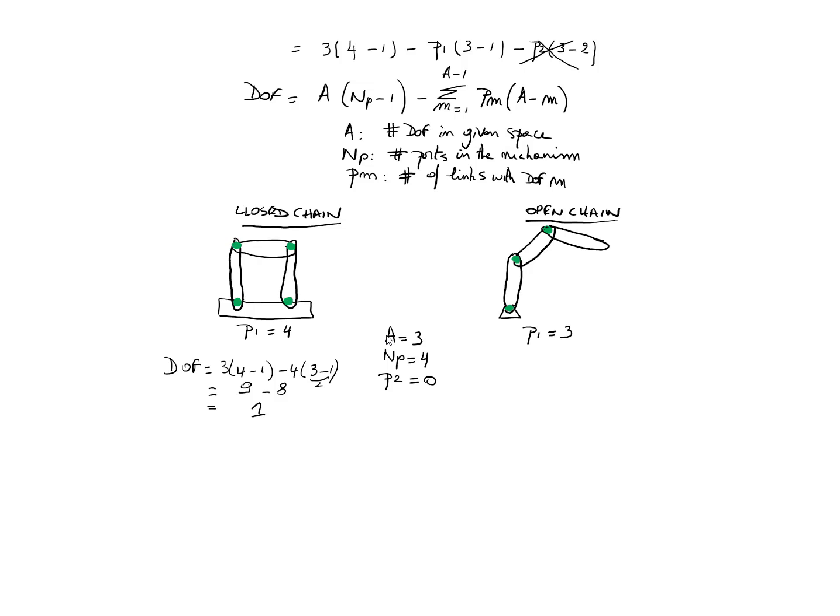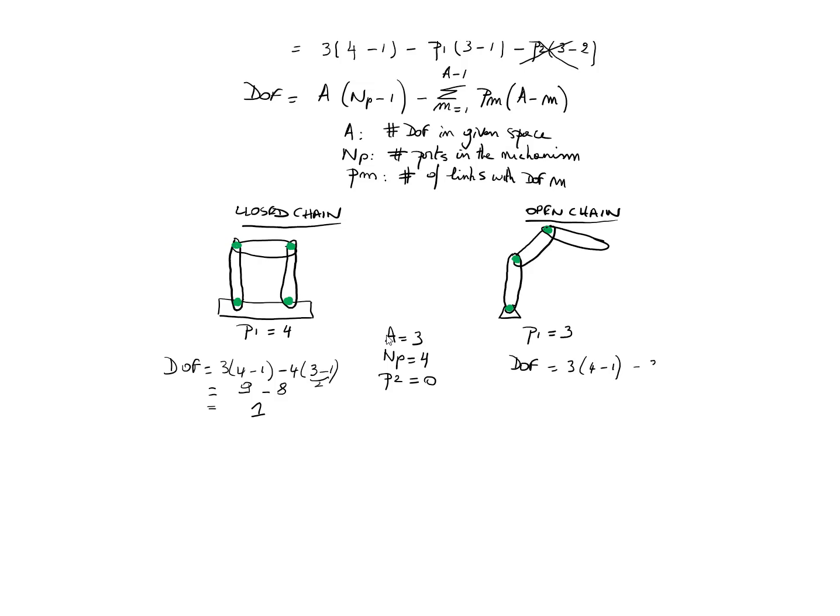So let's write down the formula for the open chain. The beginning is exactly the same, since the number of parts in the mechanism is the same, and we're working also in the same planar space, and A is equal to 3. The difference of course will be over here.